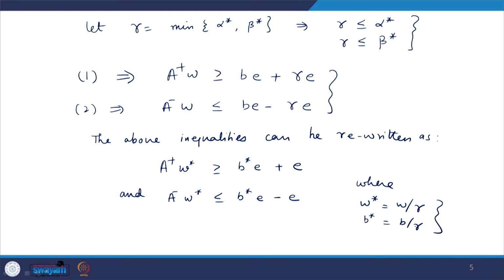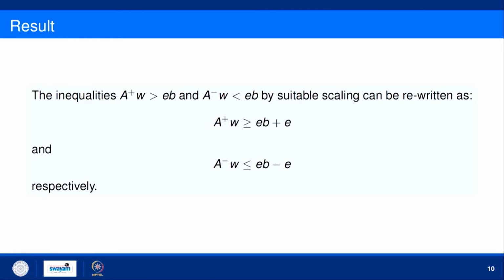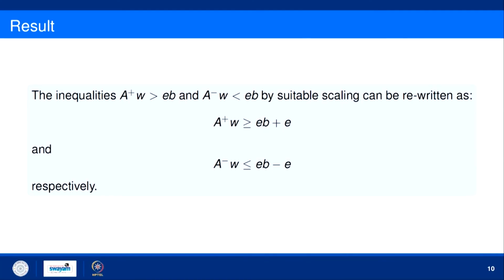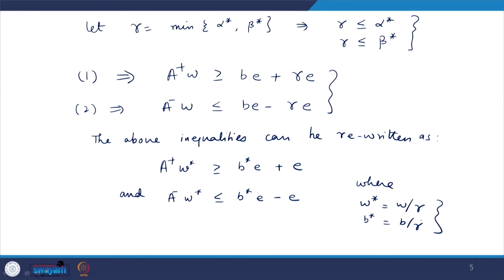In this way we have converted the strict inequalities into less than or equal to or greater than or equal to types. That is basically suitable scaling. Suitable scaling will not affect anything, since we have only changed W or B by applying some constant gamma.